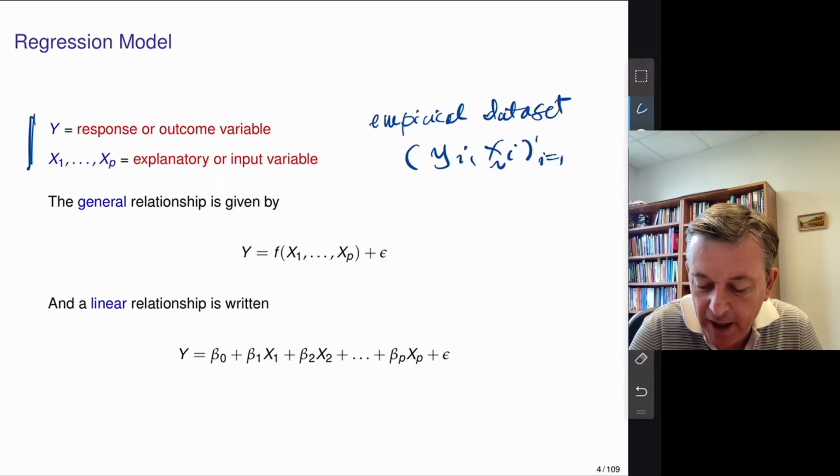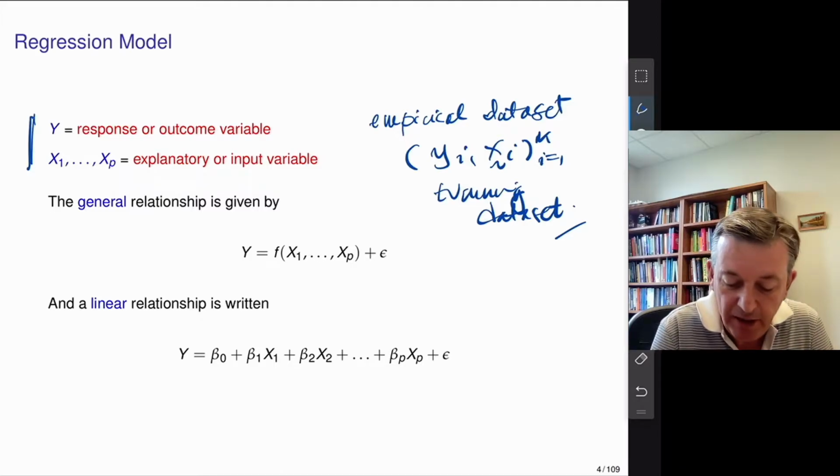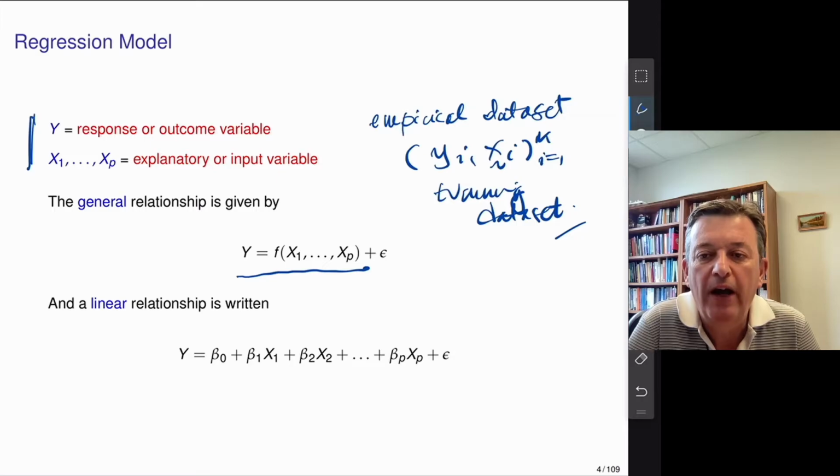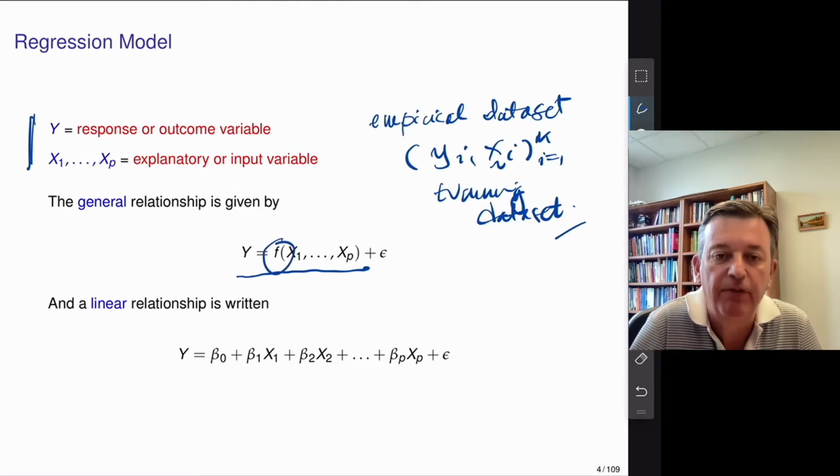I have a training data set. I have a bunch of test cases, and from that I want to build a theory by essentially empirical pattern matching. Now, of course, the general form would be something like y is equal to some function of those input variables, and I'd love to know that function.